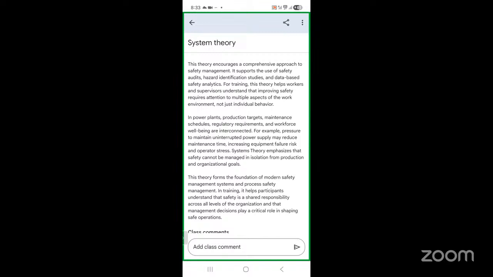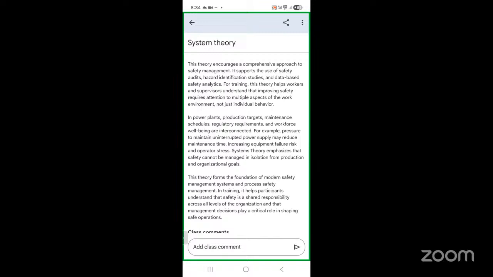For training, this theory helps workers and supervisors understand that improving safety requires attention to multiple aspects of the work environment, not just individual behavior. Sir, I think this last paragraph is of multiple factor theory. No, it is related to system theory. Okay, read down.